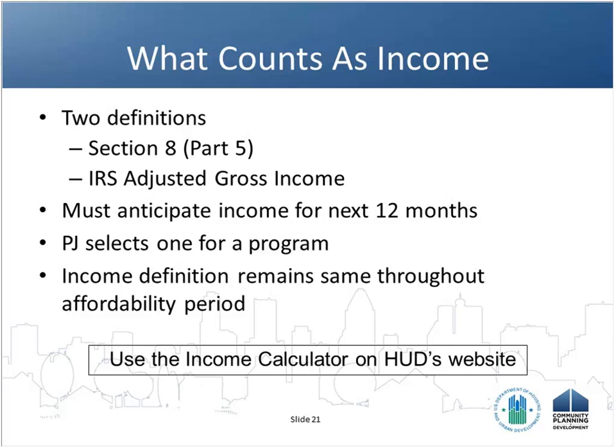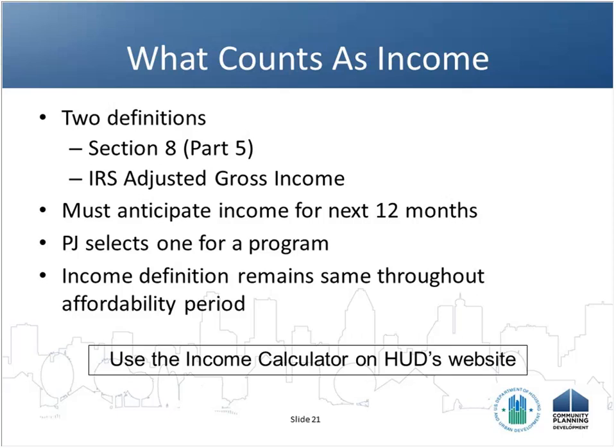We need to make sure that all the folks taking initial certifications and those subsequent annual re-verifications know which definition they're using and what's going to be counted. So the PJ has to select one of those definitions for each of its programs.